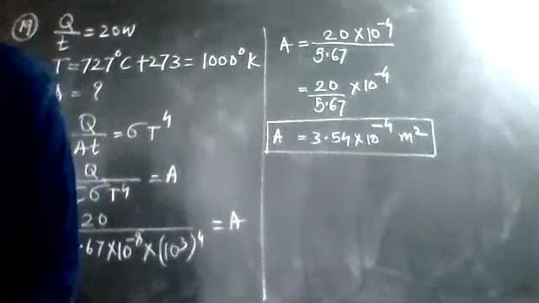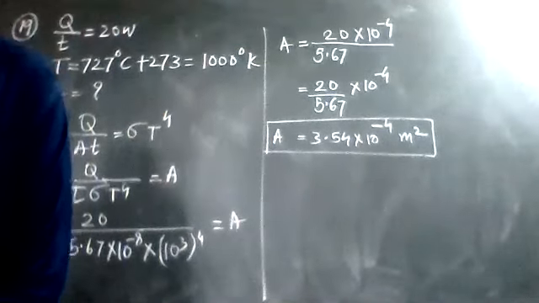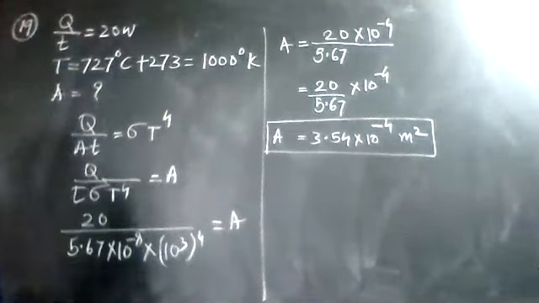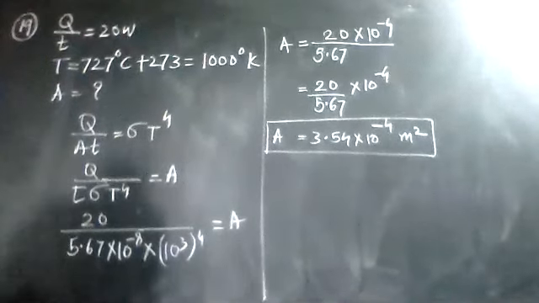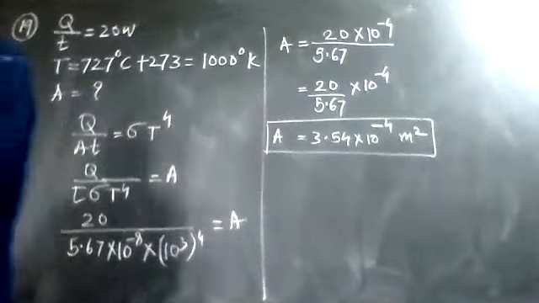Okay. Next. Then problem number 21. In problem number 21, you have been given the emissive power of a sphere of area. So area is given, emissive power is given. What is the amount of heat radiated by the spherical surface in 20 seconds? That you want to find out. Clear?